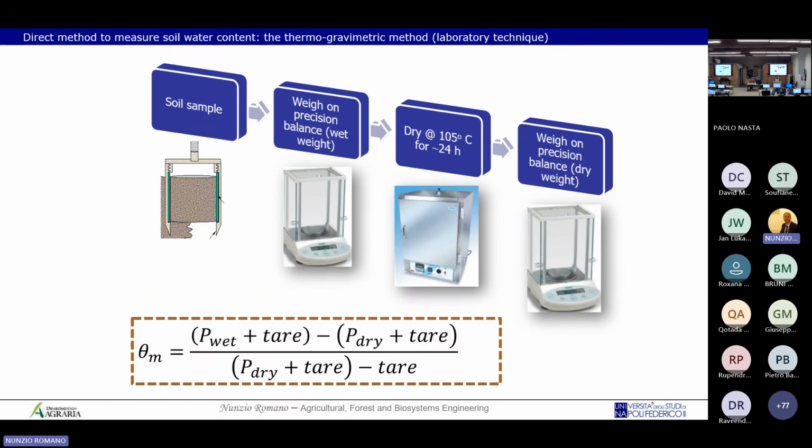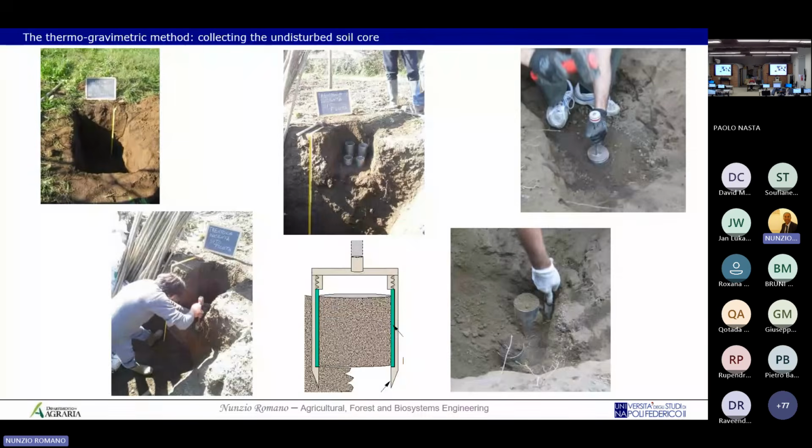But if you have a heavy clay soil, the time to collect the undisturbed soil core is much higher, 30 minutes or even 45 minutes. Here in this slide you see how we collect the undisturbed soil cores.